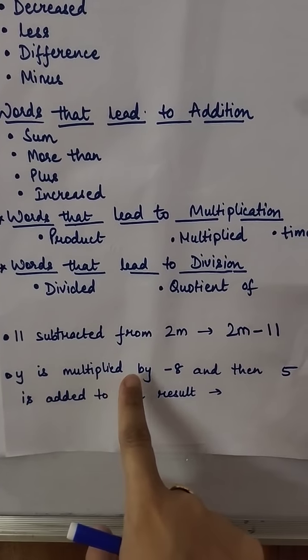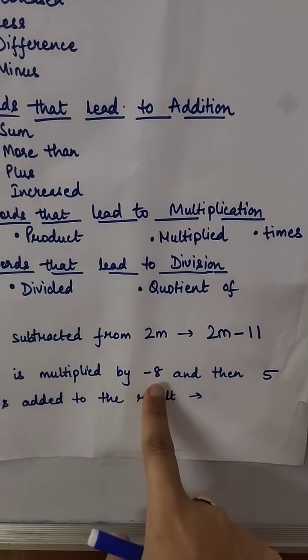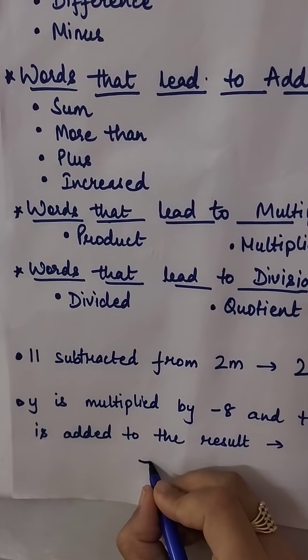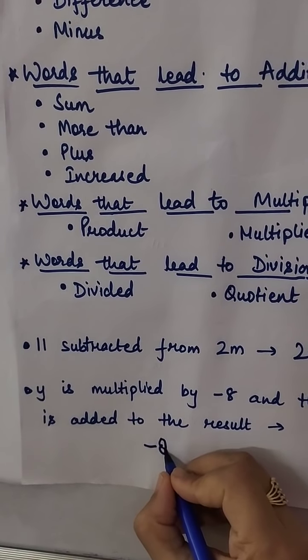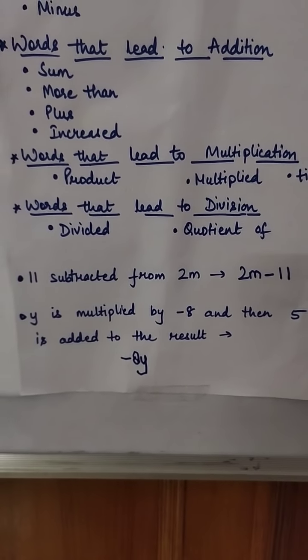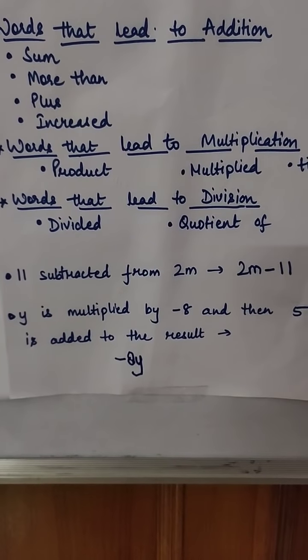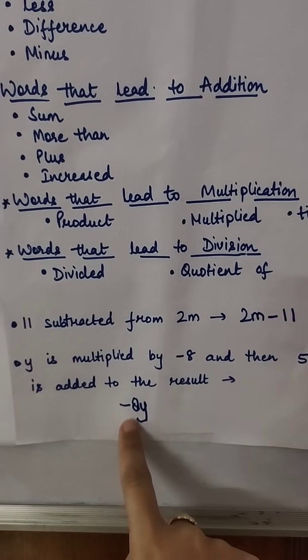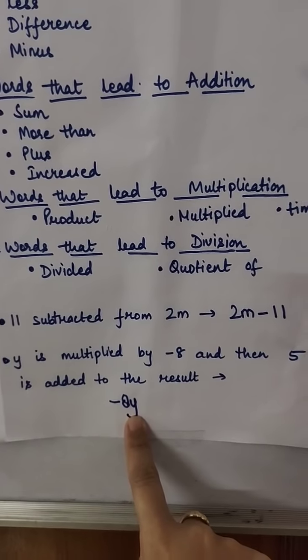Now let's take the second example. Y is multiplied by minus 8. Let's write this. When I say multiply, we don't put any sign. So y multiplied by minus 8 we can write as minus 8y.